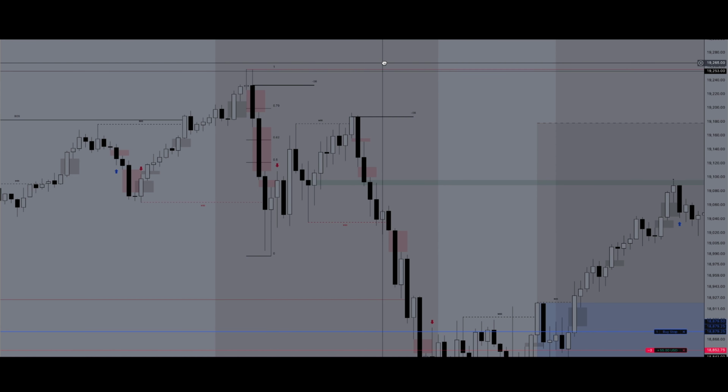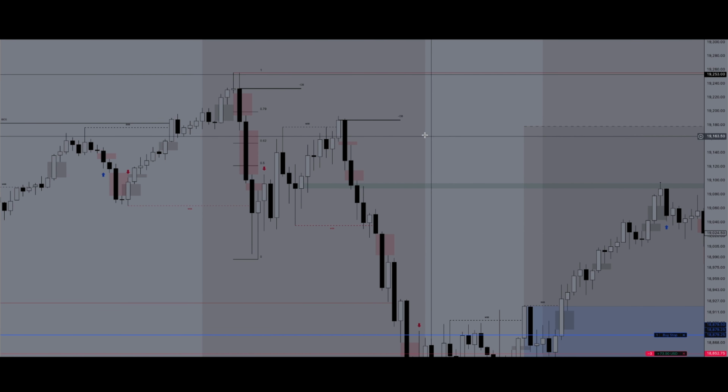I don't normally take trades on the 5 minute. I would continue to drop down and see whether or not we could get a sniper entry.